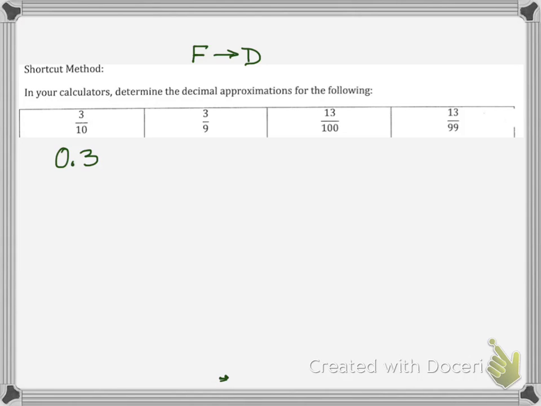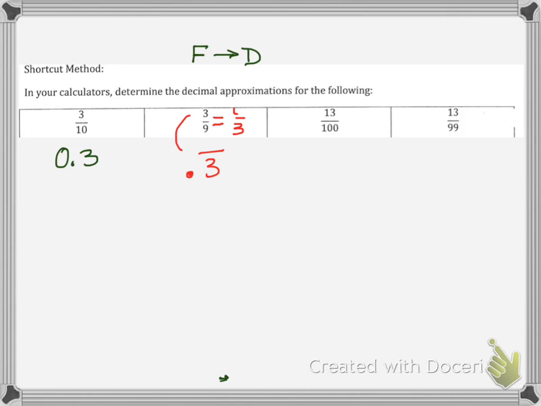Now 3/9, you can convert it. You're going to see that 3/9 is going to come out to a repeating decimal. But I would also like you to think about what 3/9 is reduced. 3/9 is 1/3 reduced. And if we do either one of those fractions to decimal, we are going to get 0.3 repeating.